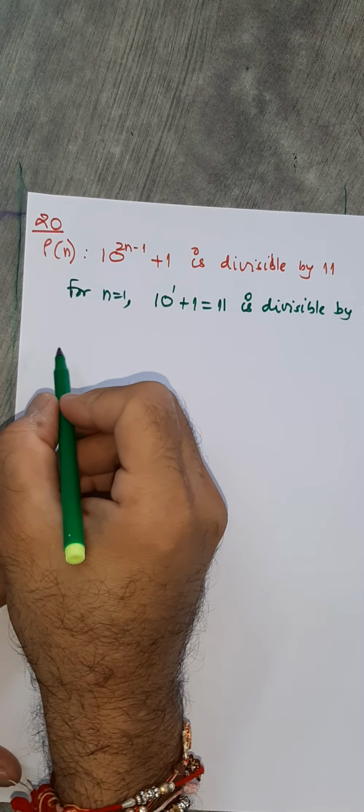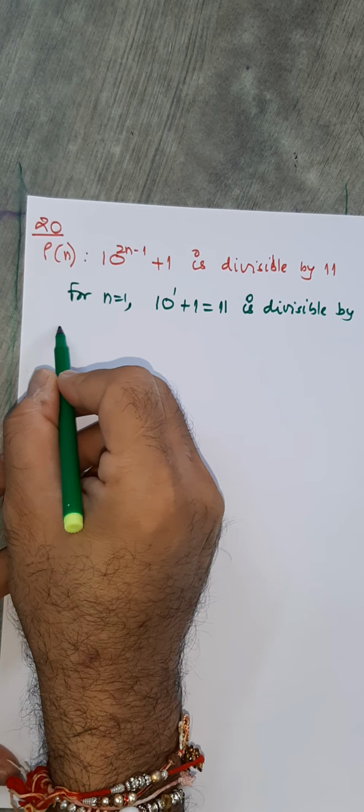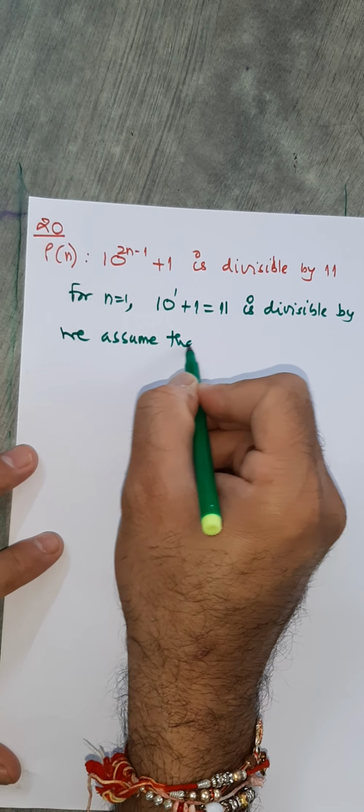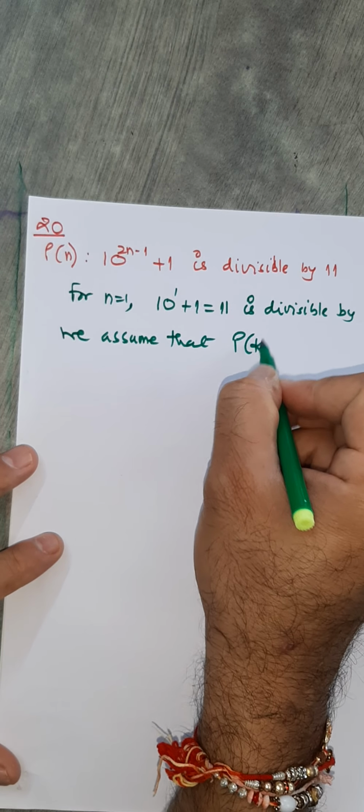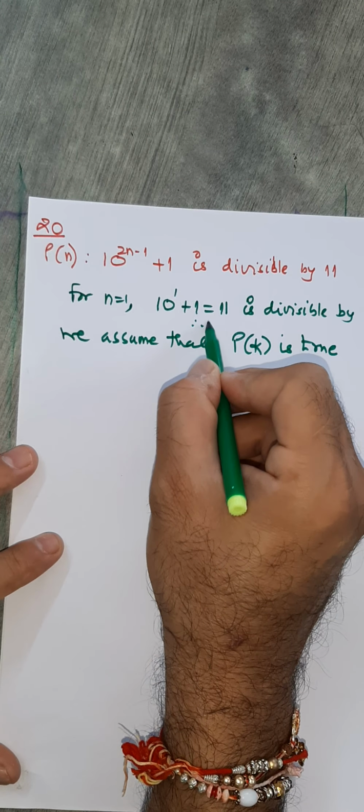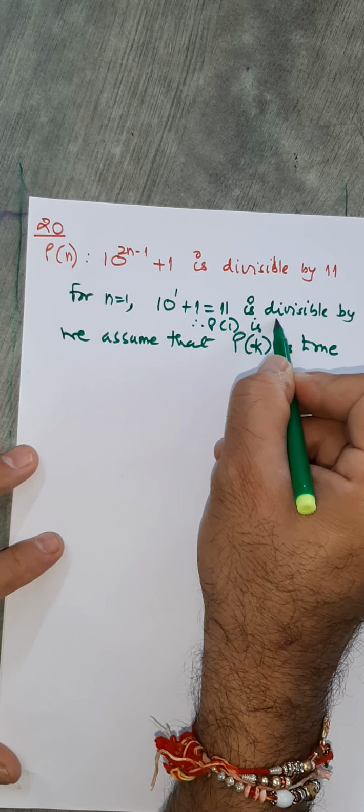Then the assumption part. What is your assumption part? Assume for n equals k. Sorry, here I should write therefore P of 1 is true. I forgot to mention this.